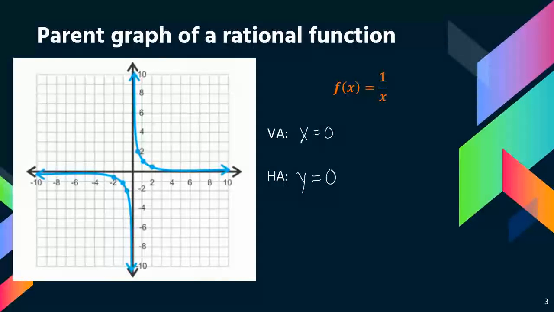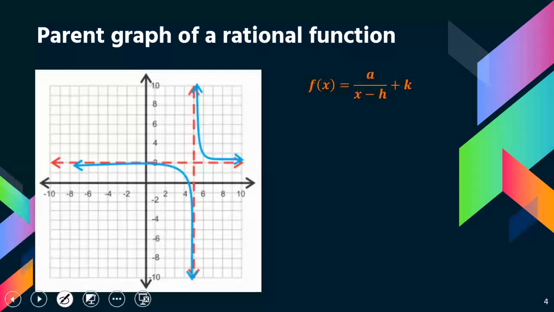I find it's easier to look at the asymptotes and how they moved sometimes than it is to figure out how the function has moved. That can be a little more difficult. So looking at this one here, remember that my parent graph had asymptotes at 0 and 0.